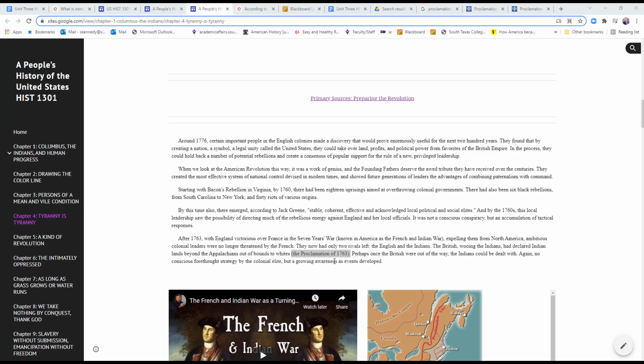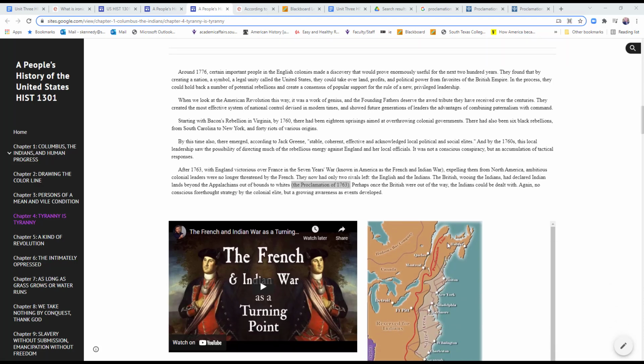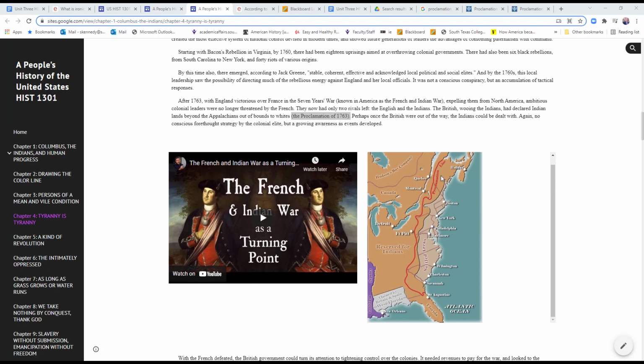So just to pause on that a second, what he's talking about here is the Proclamation Line of 1763. So it's this line right here, going all the way up to Maine and along the Appalachians all the way down, basically following the contours of the eastern seaboard, but inland towards the Ohio Valley, right? This is going to be reserved for Indians.